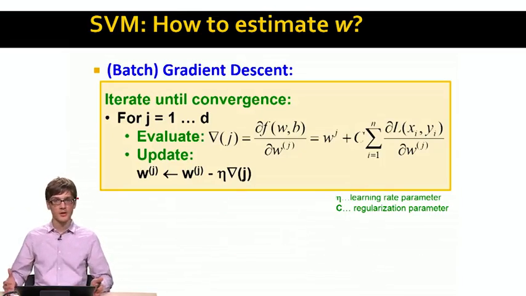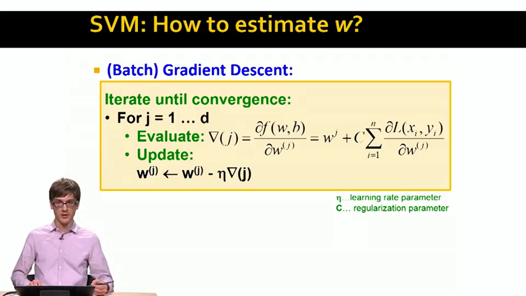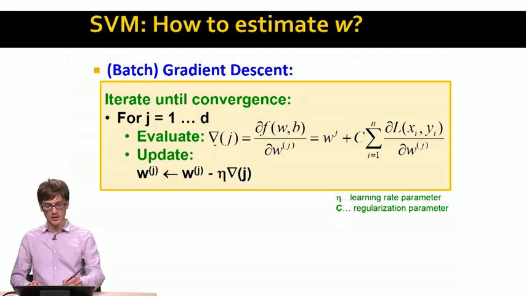So now that we have the gradient, we want to use what is called the gradient descent method, which is a very simple method. We will start at some location x, and all we are doing then is to evaluate the gradient for a given dimension. So we will iterate over all the dimensions.